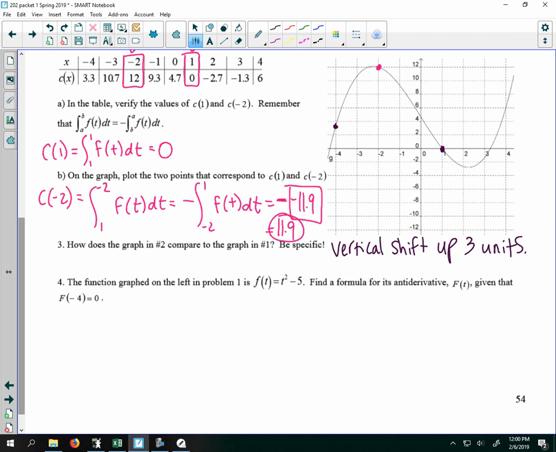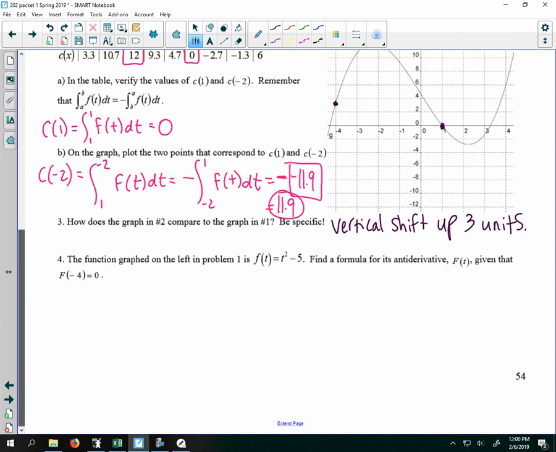So the function graphed on the left in problem 1, the original function, little f, is t squared minus 5. I want to find a formula for its antiderivative, capital F, given that F of -4 is 0. Capital F of t, an antiderivative of t squared would be 1/3 t cubed. An antiderivative of -5 is -5t, plus c. To figure out the c, I can use the initial condition they gave me.